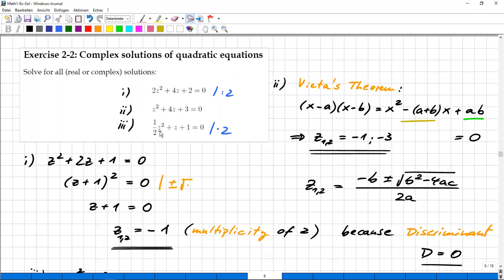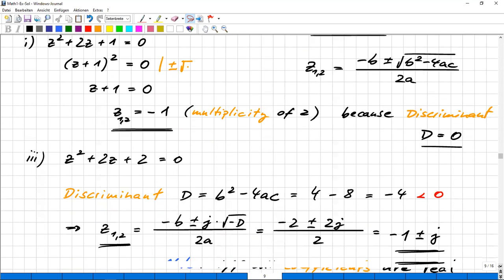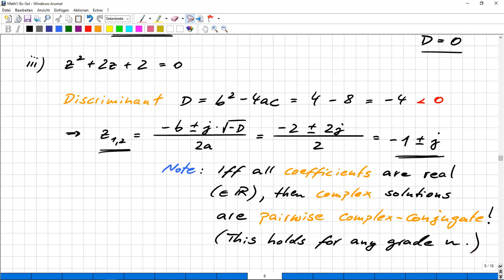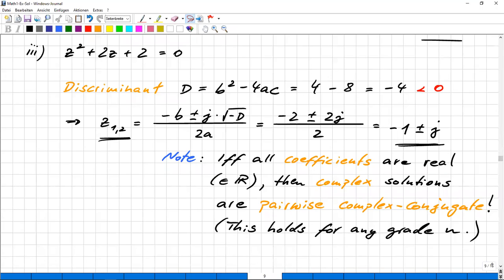And if we look at this, the first thing to do is, at least it's possible, it's not necessary, but it makes sense, to multiply the whole equation by 2 so that all the coefficients get whole numbers. This is what I do first, and then we find this equation, which reads z squared plus 2z plus 2 equals 0.